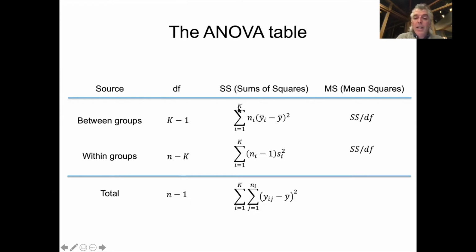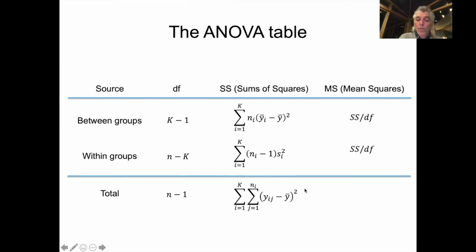We can calculate these sums of squares as the sum of squared deviations of each group mean from the grand mean in our between group effect. In our within group effect, the sums of squares are roughly the variances within each of the groups.